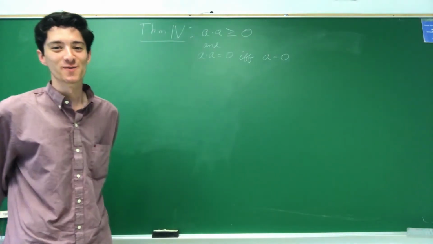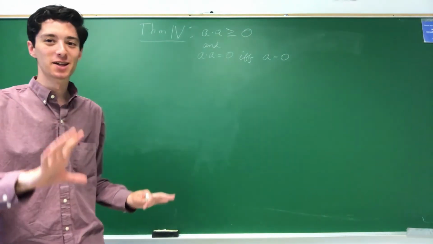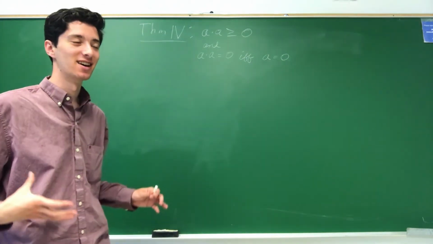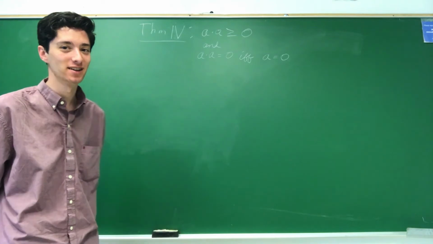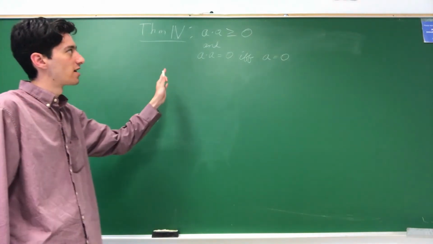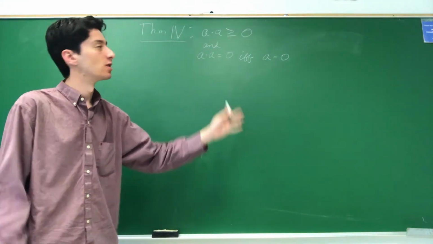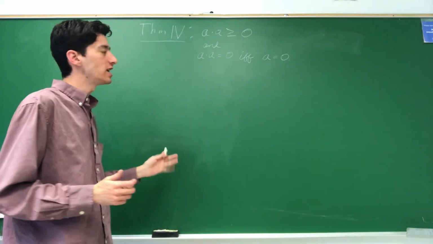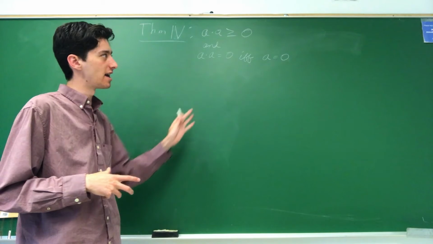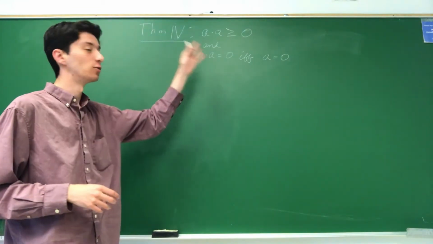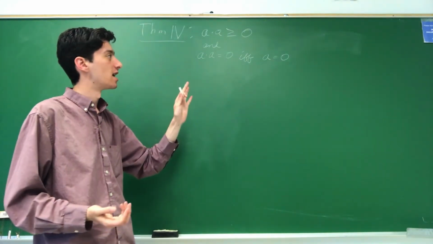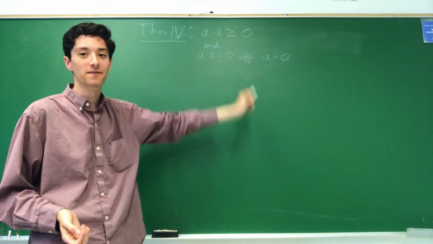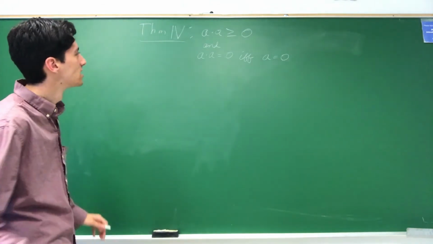Our final theorem is kind of a cool one, in my opinion. This is the positivity of dot products. That is, the dot product of a vector and itself, A dot A, will be non-negative, and it will only equal 0 if A equals 0. So we say A dot A equals 0 if and only if A equals 0. That's what the two f's are referring to.